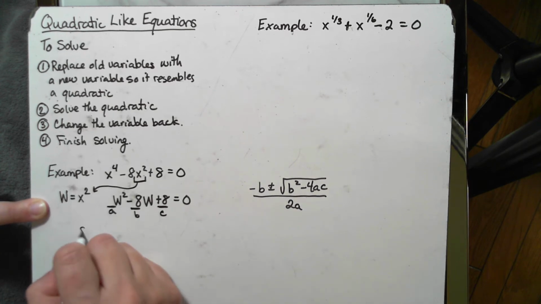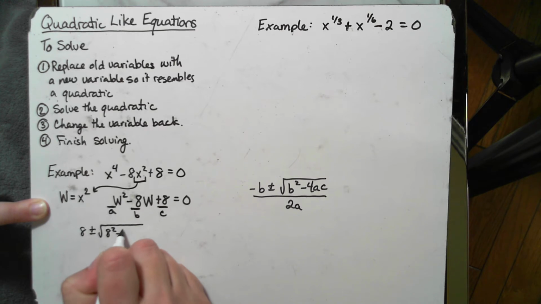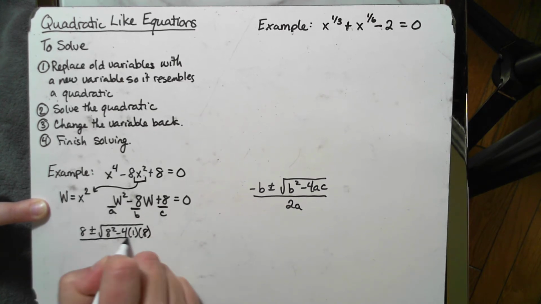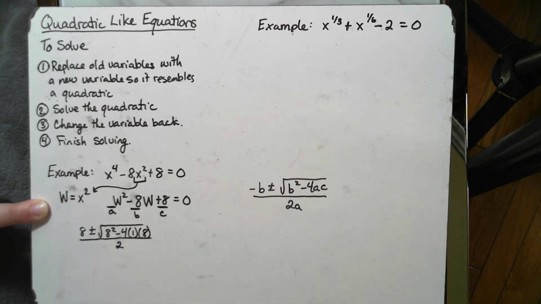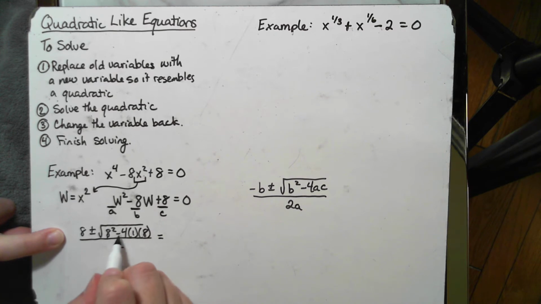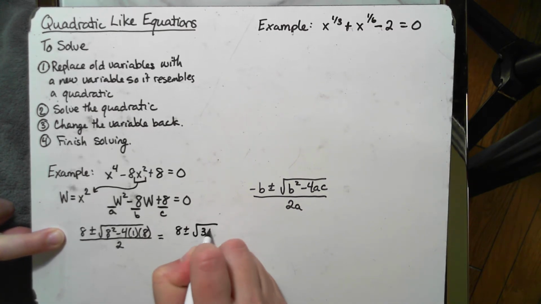So negative b plus or minus the square root of b squared minus 4 times a times c all over 2a. 2 times 1 is just 2. Okay, this becomes 64 minus 32, which is 32.